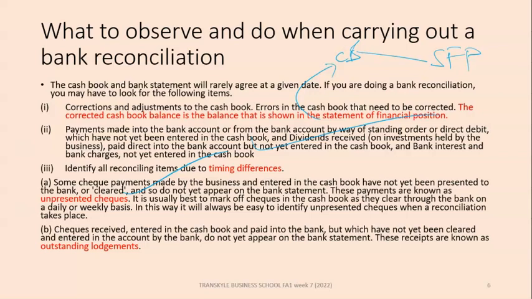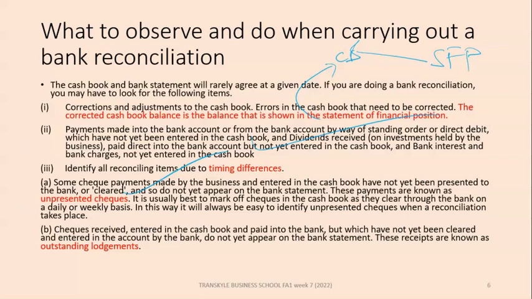Then, on the other hand, checks received. Sometimes customers might write us a check and say, hey man, for that receivable, please cancel my name out and record my payment. And in the cash book, you debit the cash received, and you pay the check into the bank, but the check might not be cleared by the time you reach month end.